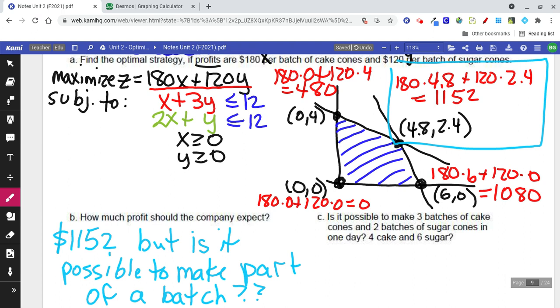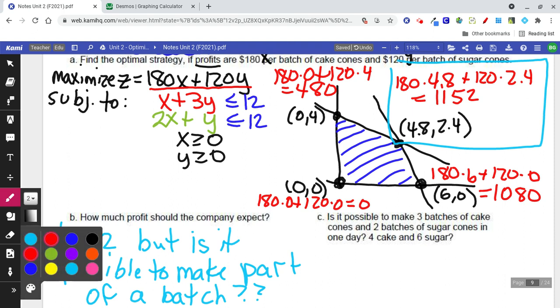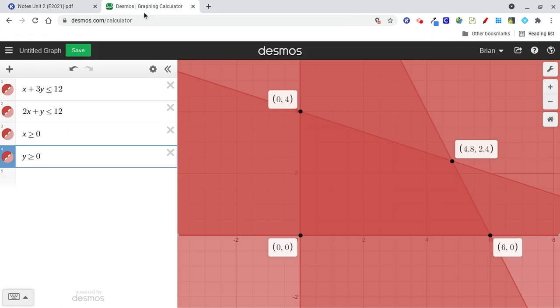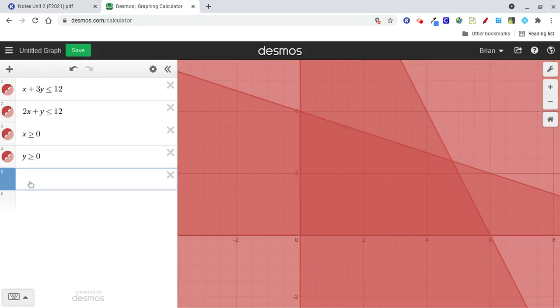So part C says, is it possible to make 3 batches of cake cones and 2 batches of sugar cones? About 4 cake and 6 sugar. Well, they're giving you ordered pairs, basically. So 3 batches of cake cones and 2 batches of sugar cones. Is that possible? Well, let's look at the graph. All right. So what if we had the point 3, 2?